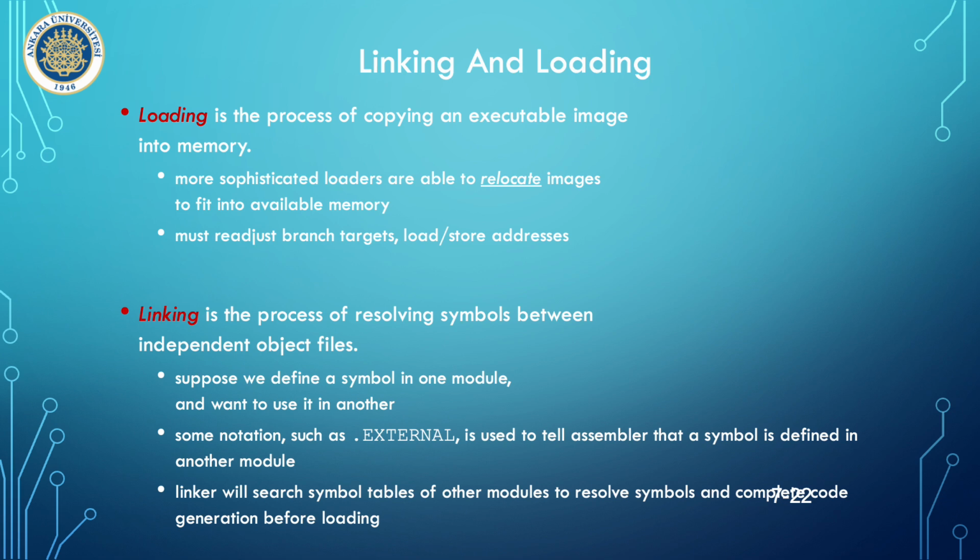Suppose we define a symbol in one module and want to use it in another. A directive such as .extern is used to tell the assembler that a symbol is defined in another module, and the linker will search the symbol tables of other modules to resolve symbols and complete code generation before loading.